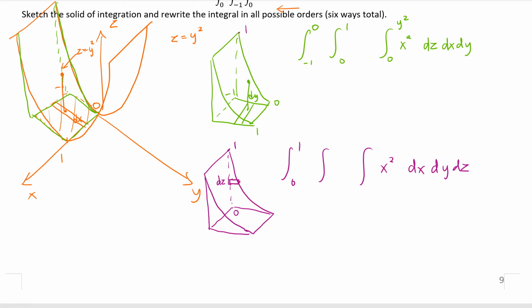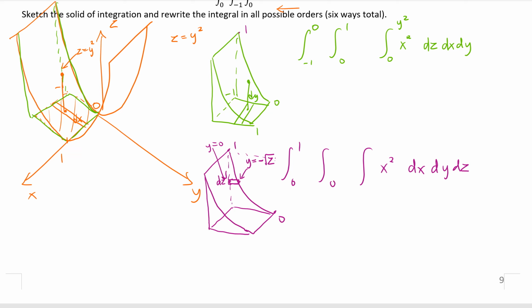So this is a rectangle, and y is from, this is on the parabola, but we need to solve for y. So y equals, and because y is negative, it's the negative square root of z.